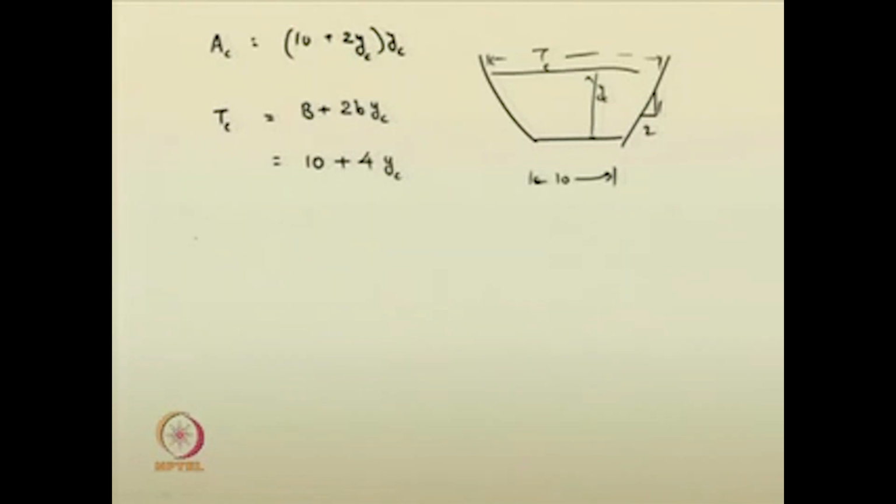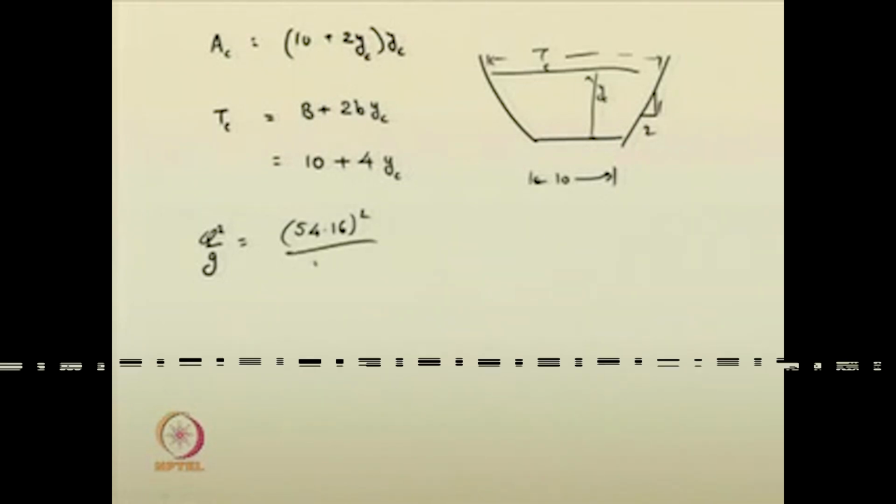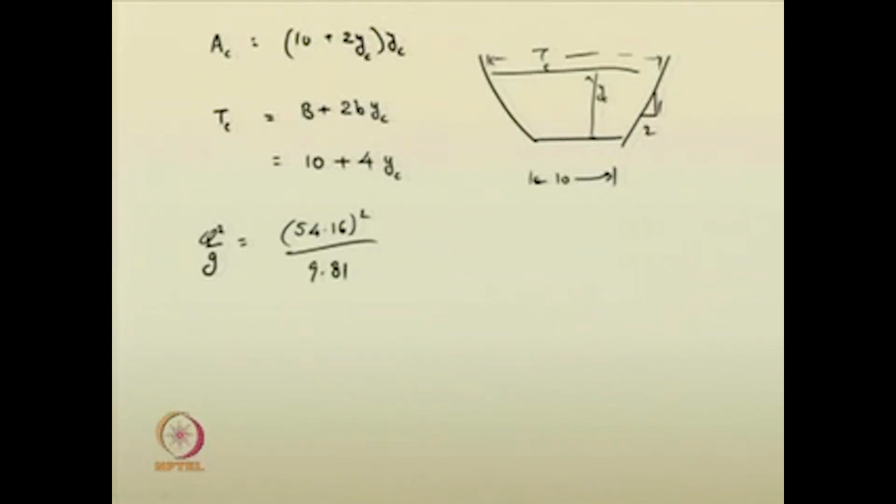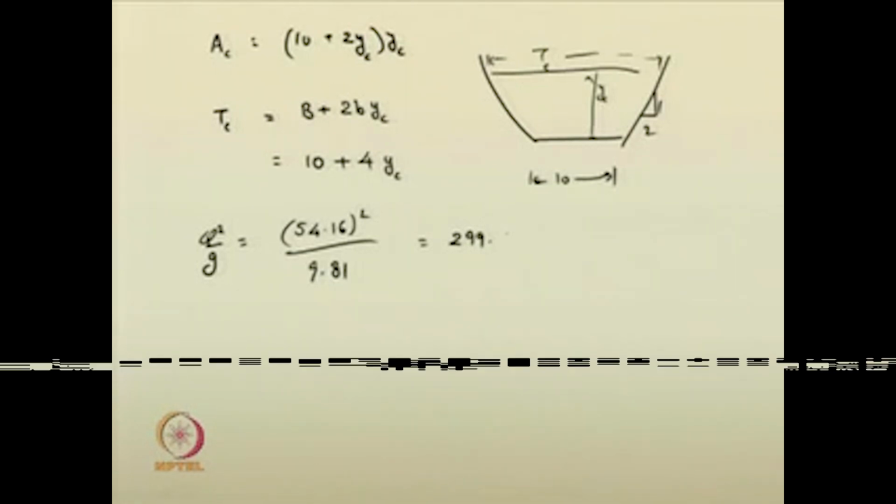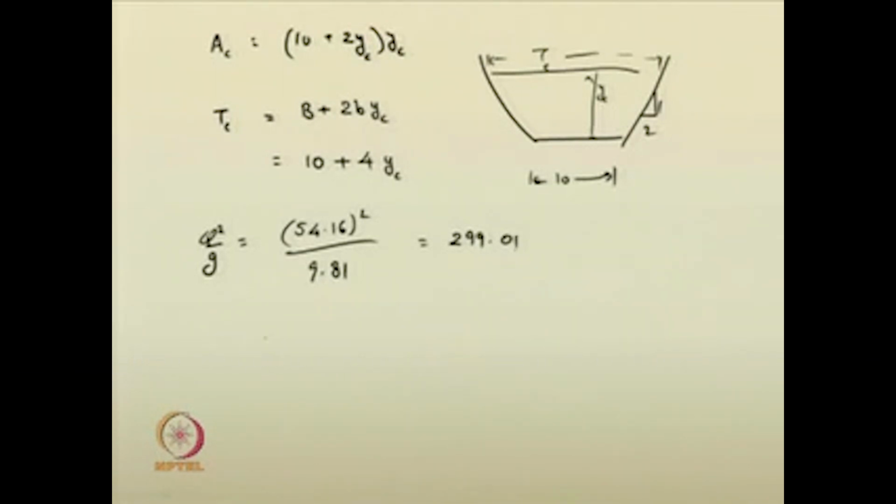So, in the relationship now, Q squared by g, they are a known quantity now, it is a constant. What is that constant now? 54.16 whole square divided by 9.81. You are getting this as 299.01.